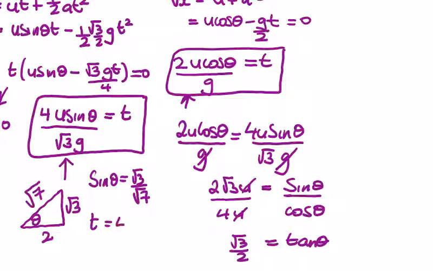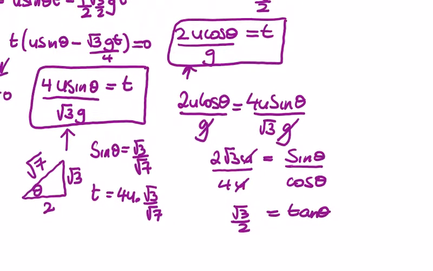Time is equal to 4u sine theta over root 3 g. The root 3 g goes on the bottom, so cancel your root 3's and we get time is equal to 4u over root 7 g.